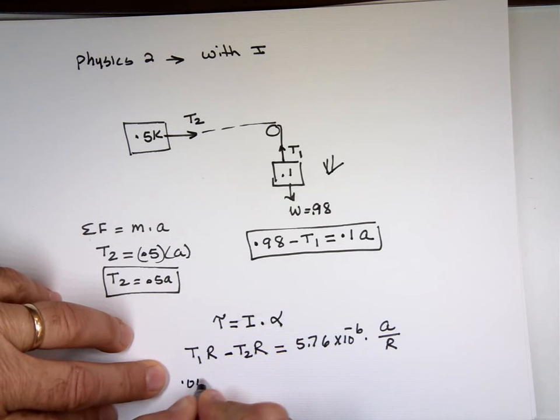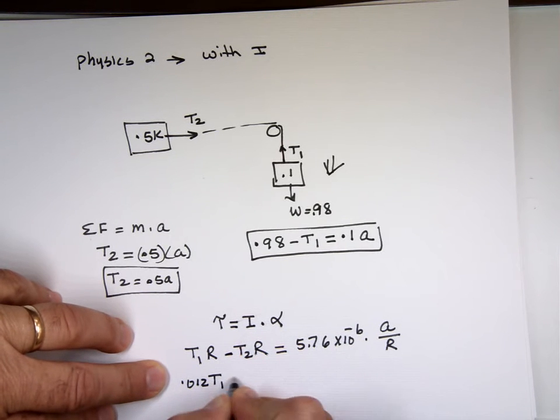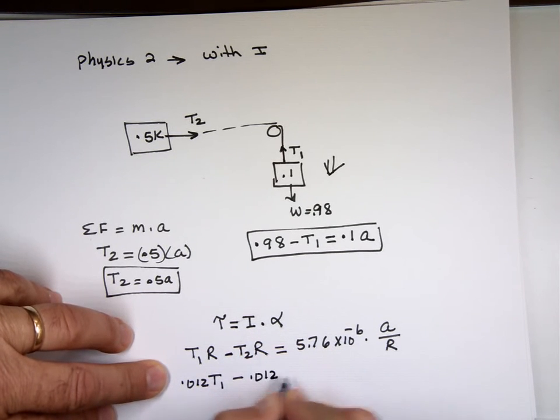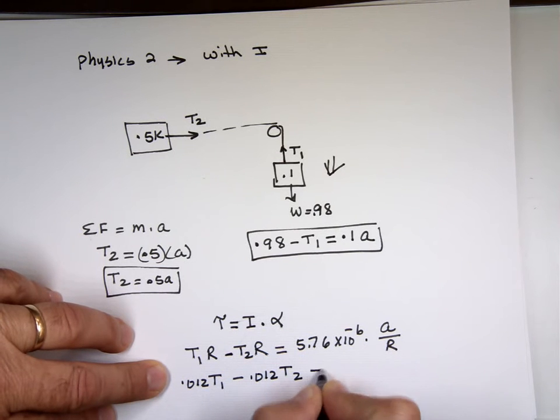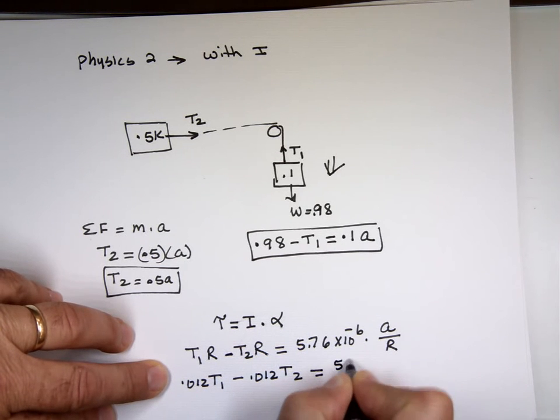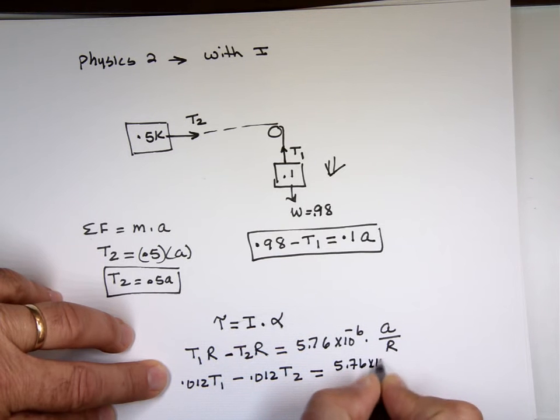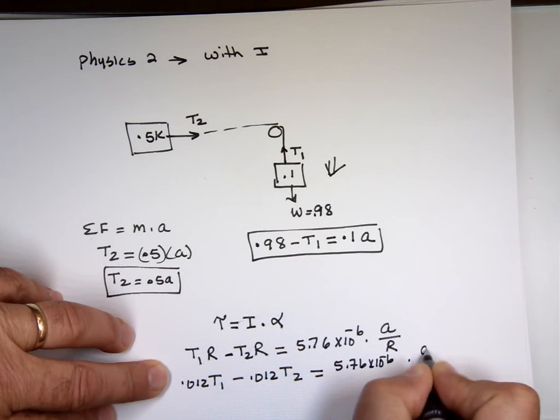0.012 T1 minus 0.012 T2 equals 5.76 times 10 to the negative 6 times A over 0.012.